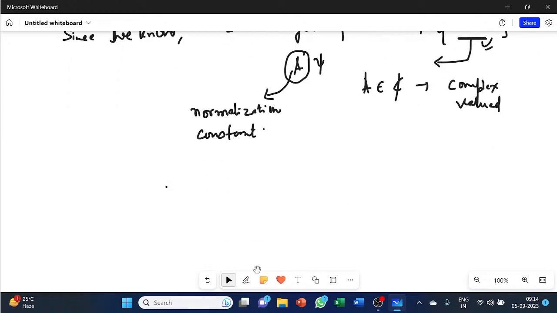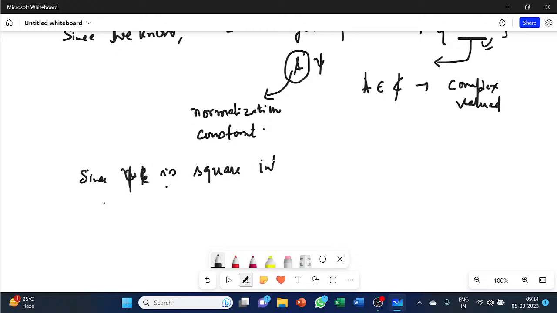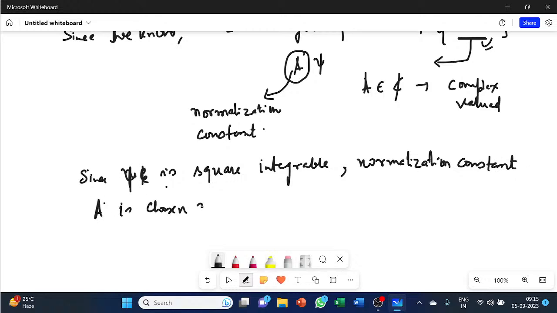Since psi is square integrable, the normalization constant a is chosen such that the integral from minus infinity to plus infinity of psi mod whole square dx is equal to 1.